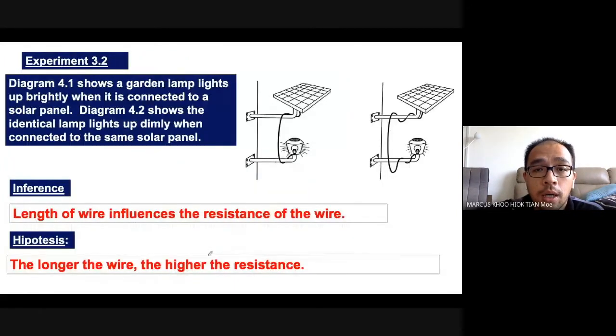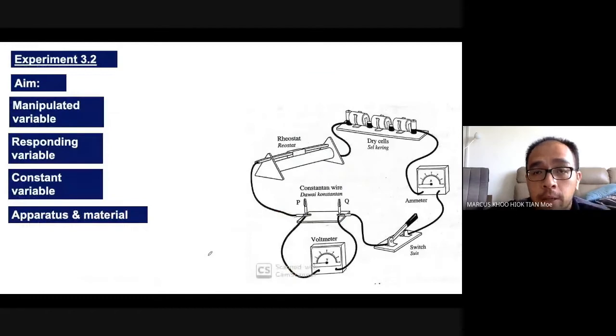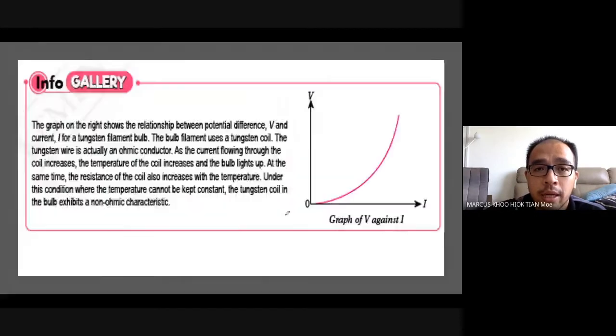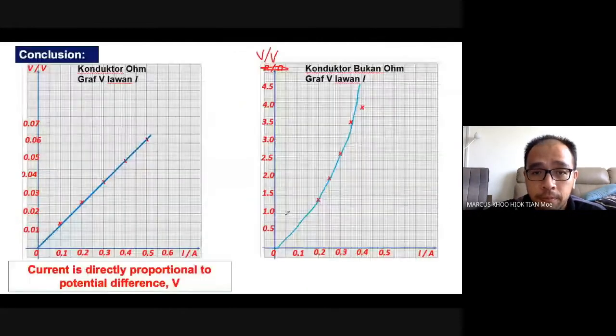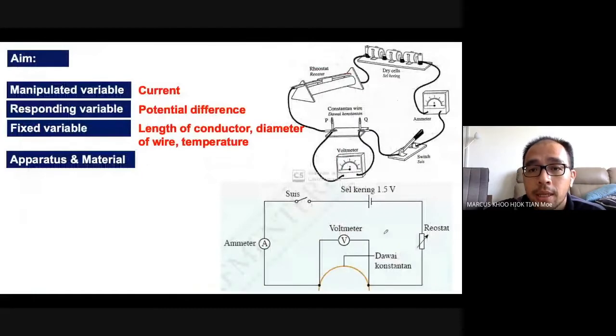So you find that in experiment 3.1 and 3.3, and even in 3.2, look at the experimental setup. It's always the same. It is always the dry cell connected to the rheostat, a switch, an ammeter, and a constantan wire.